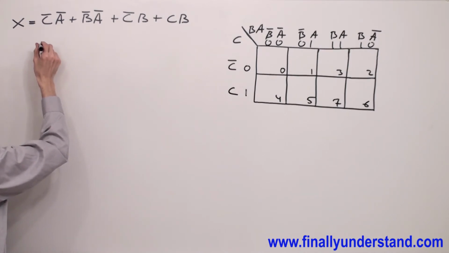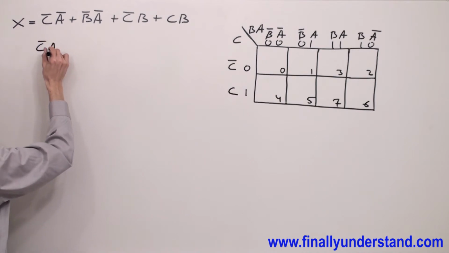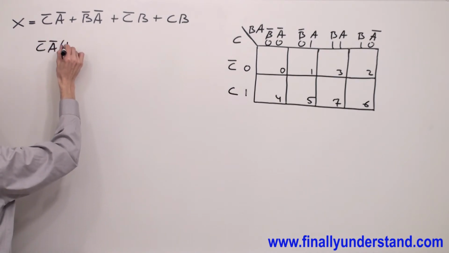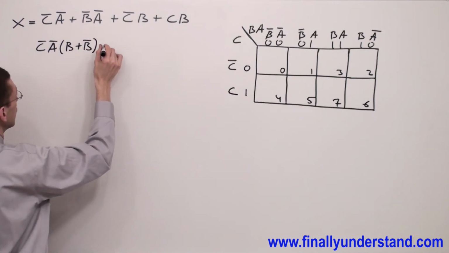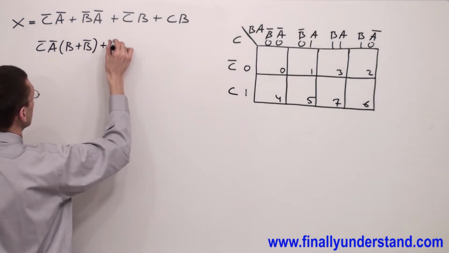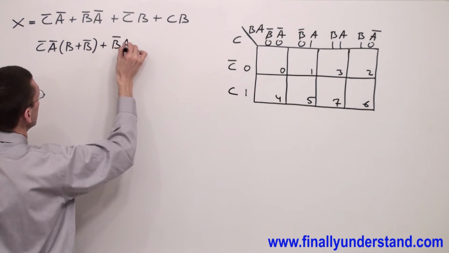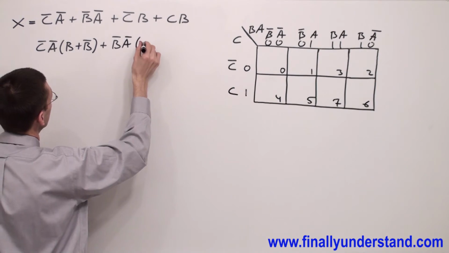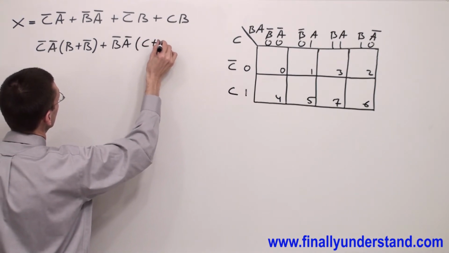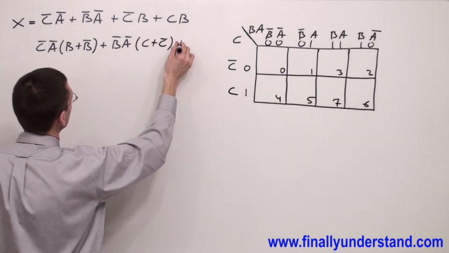That's why I'm going to multiply C not, A not by B or B not. Next one, I have B not, A not. This one is missing C, so I'm going to multiply this one by C or C not.